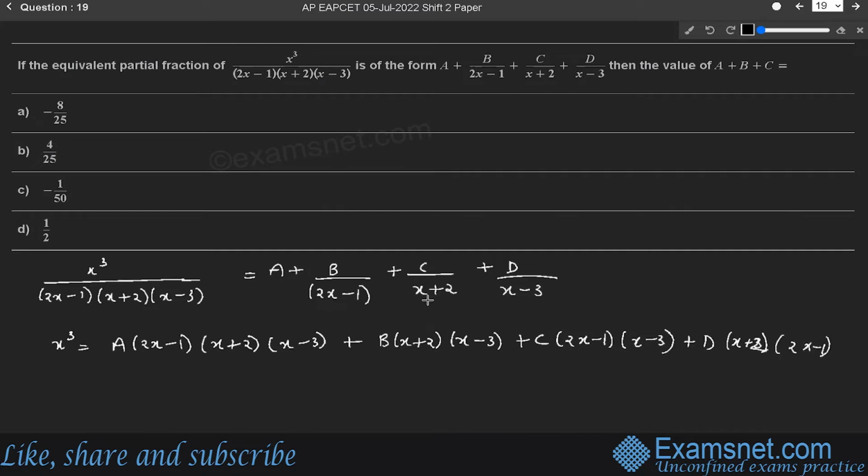We have taken the LCM here and multiplied, or we can say by cross multiplication, this is the step, and the denominator will be cancelled because on both sides it is equal.